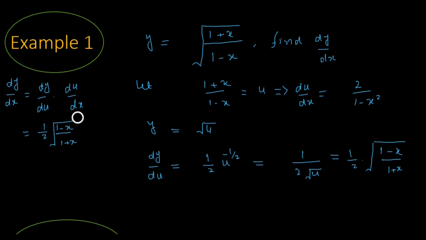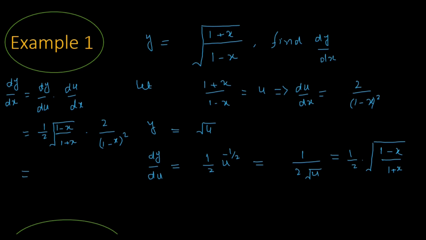And what is du over dx? It is 2 over (1 minus x) squared.